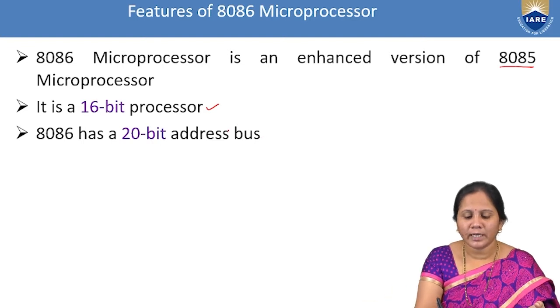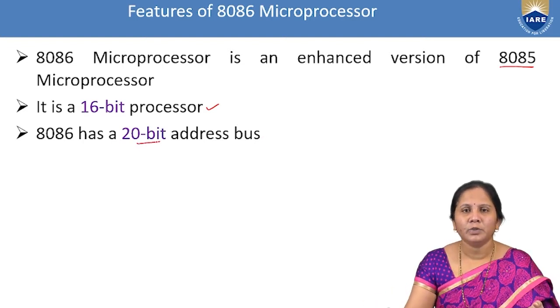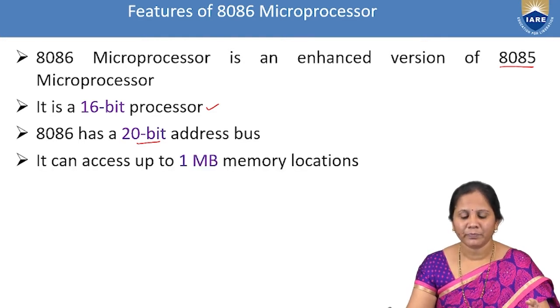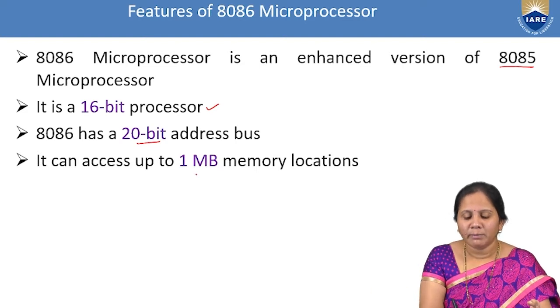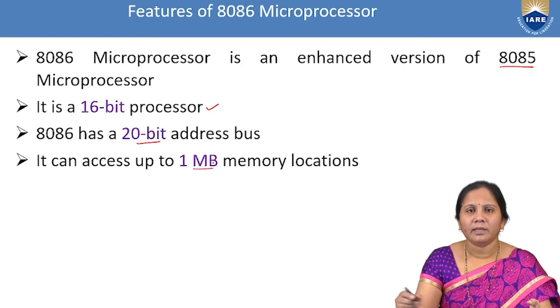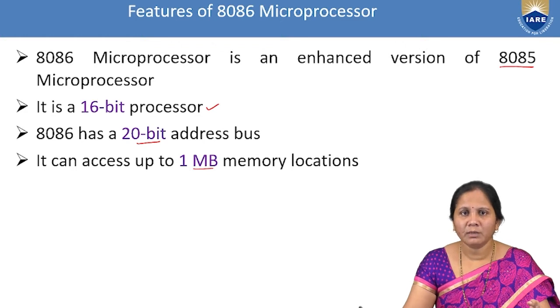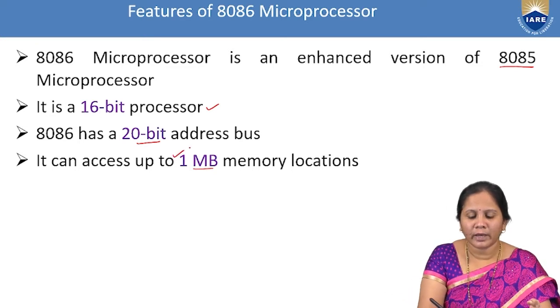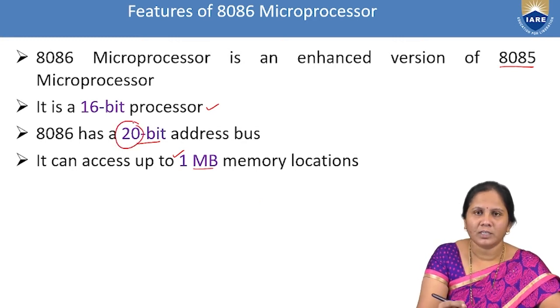The 8086 microprocessor has a 20-bit address bus, so the number of address lines available is 20. The physical memory available in the 8086 microprocessor is 1 MB, based on the size of the address bus.